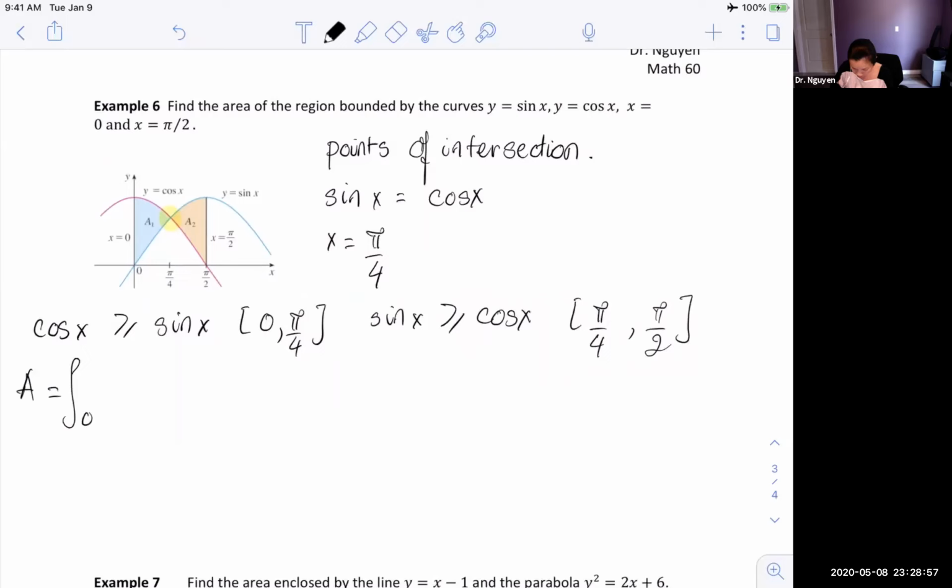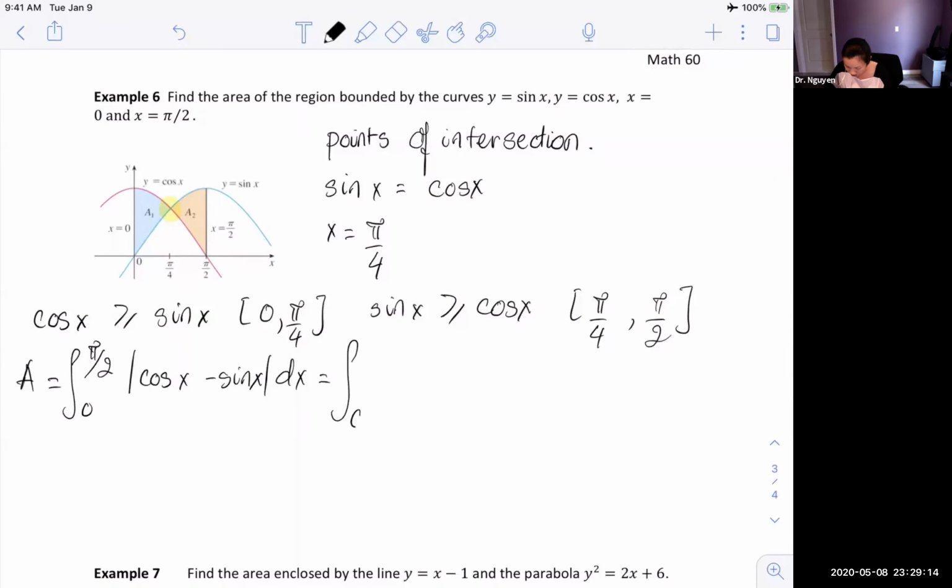So from 0 to pi over 2, we have to break it, right? Cosine of x minus sine of x. I have to put the absolute values right there because, like I said, we're going to have to break it into two different intervals. Pi over 4. And from 0 to pi over 4, cosine is greater.